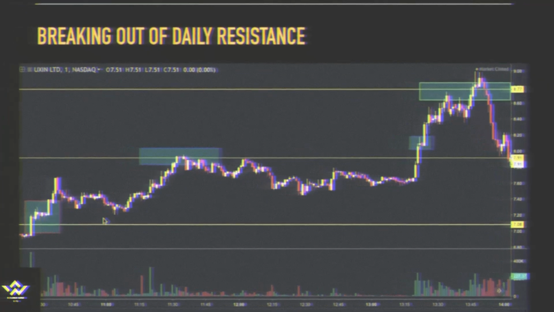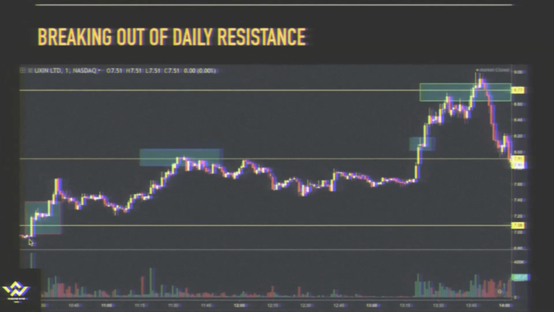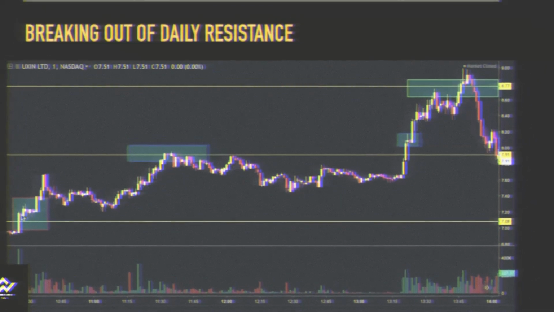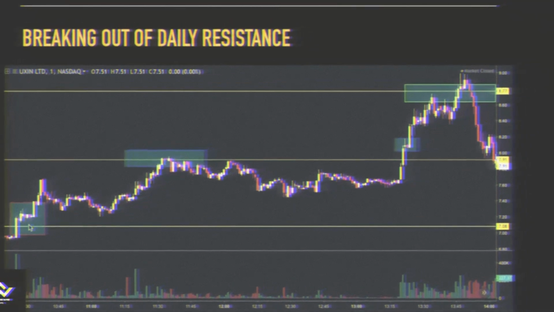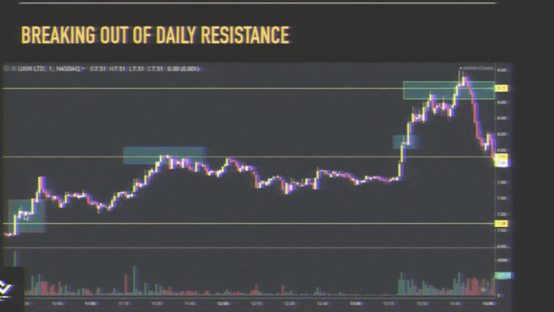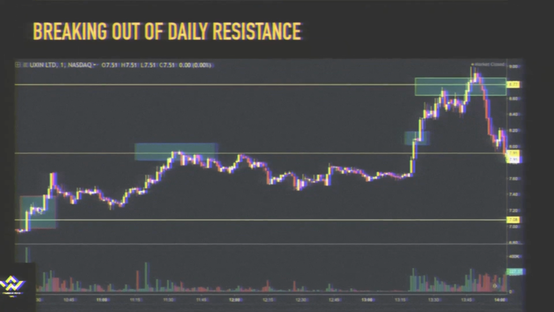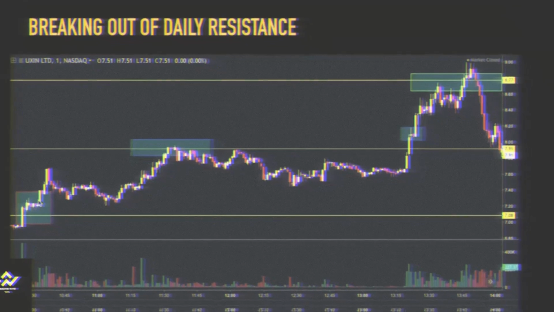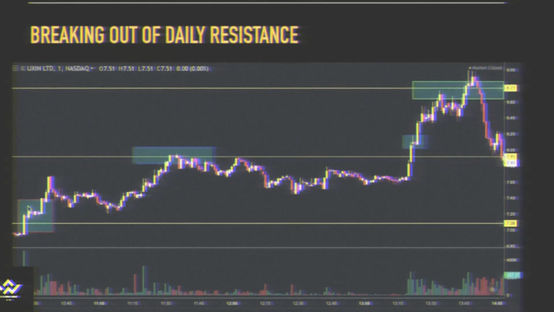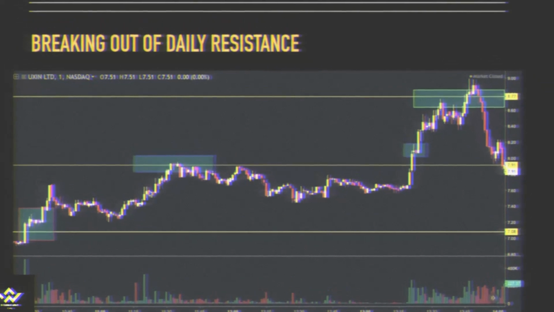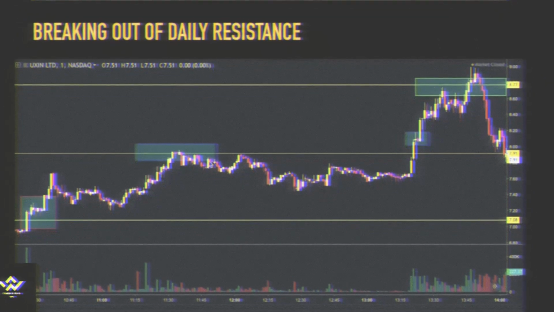Notice inside the red box, we get the break of 708 as resistance, but then we start to form a mini swing low to test 708 as support. Since this level holds as support and we make new highs afterwards, that means 708 is a support level, and thus we get buyers to come and step in and push this stock all the way up to the next resistance level at 791.